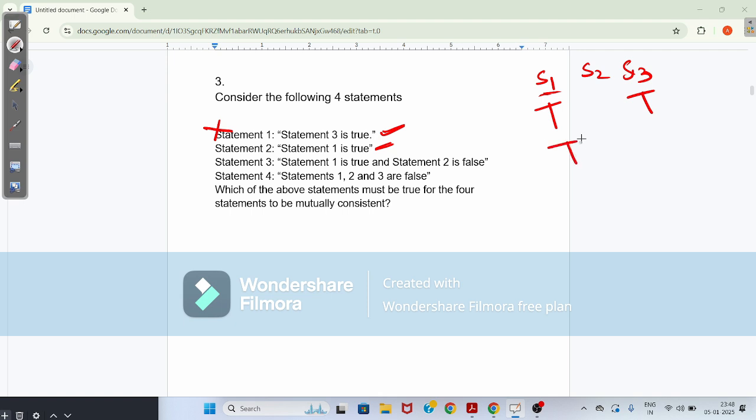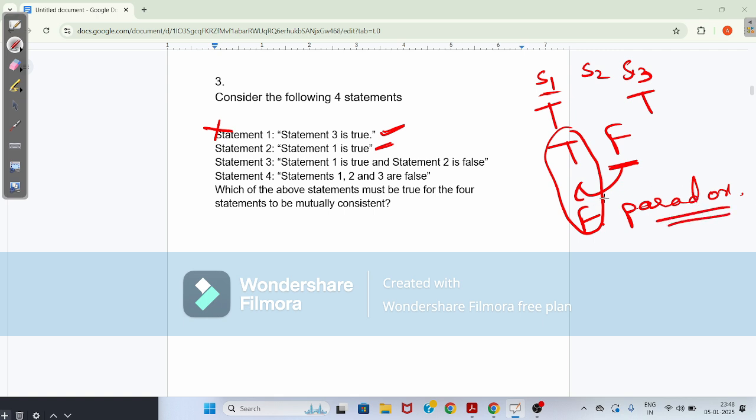Statement 1 is true and statement 2 is false. But statement 2 is saying statement 1 is true, means this is false here. It is saying statement 2 is false, means this is also false here. So this is also a paradox, that is called mutual inconsistency. It has been formed here, so this is also a wrong statement.